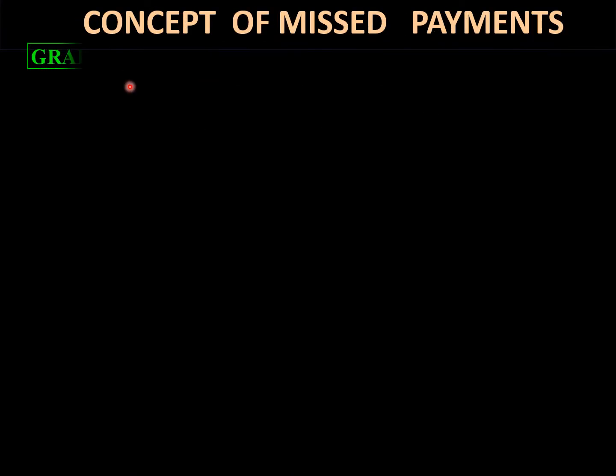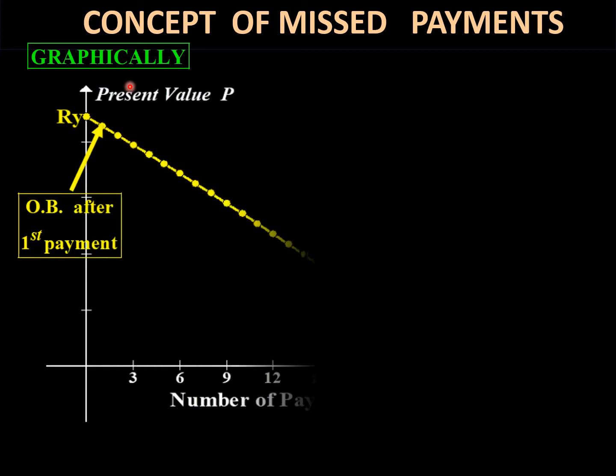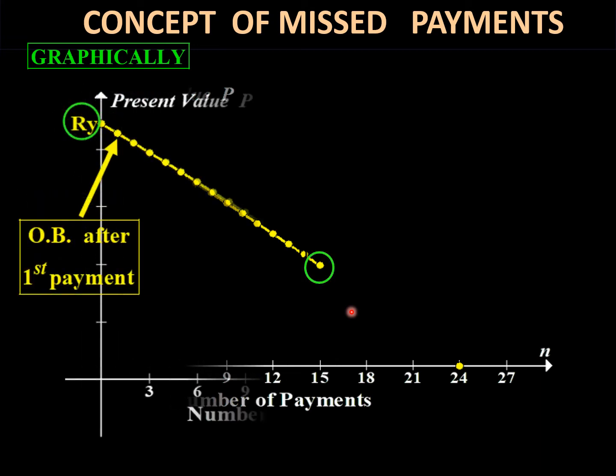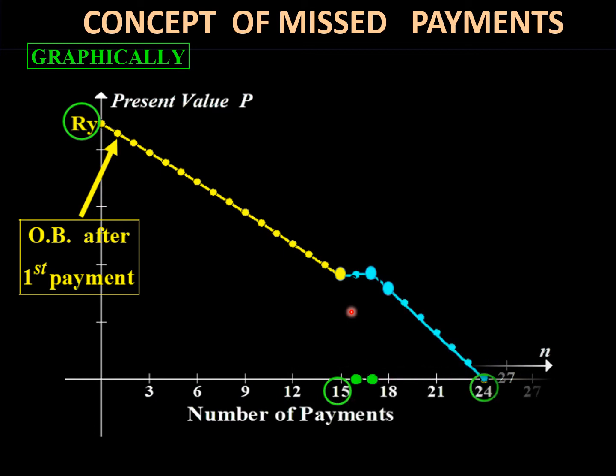Let's also look at it graphically, maybe give you even a better understanding. So you can see there's your normal payments until you reach payment number 15. Up to number 15, no problem. And then you missed 2 payments. You made your payments as usual when you reach 15. Now here we have a problem occurring.